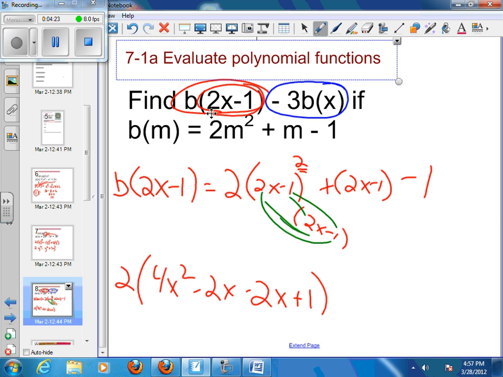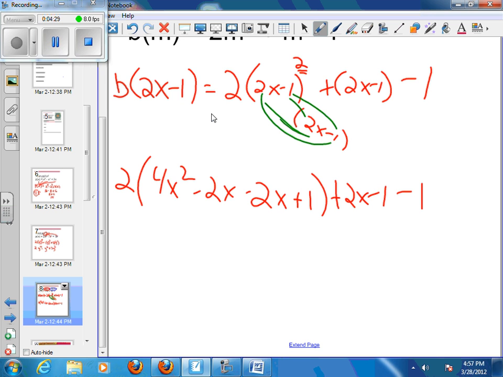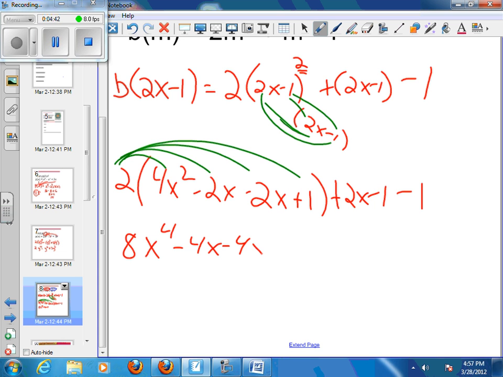And then at that point, I can add my 2x minus 1 minus 1. From there, I want to distribute my 2. So I'm going to take my 2 times the first term, second term, third term, and last term. So that's going to be an 8x to the 4th minus 4x plus 2. And then bring down my plus 2x minus 1 from up above.